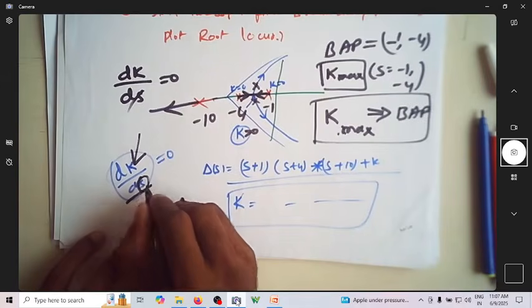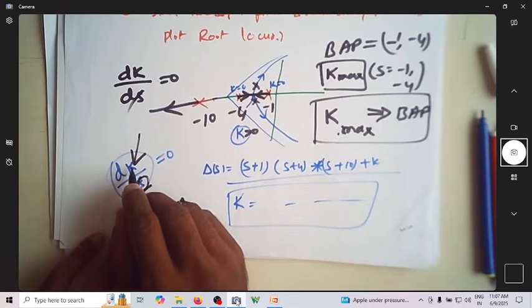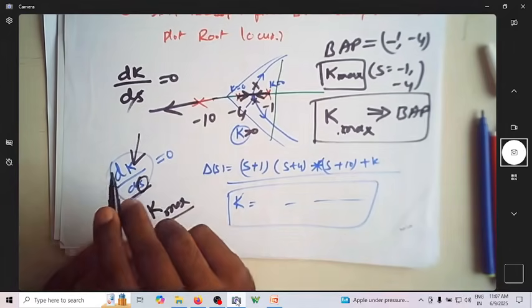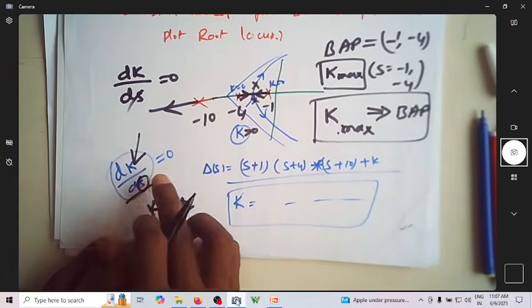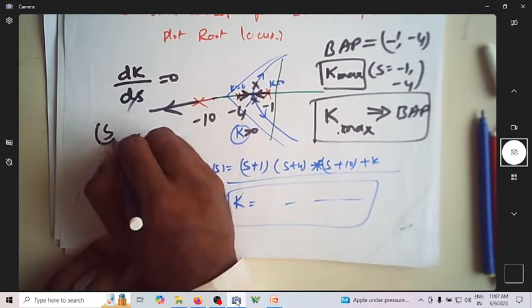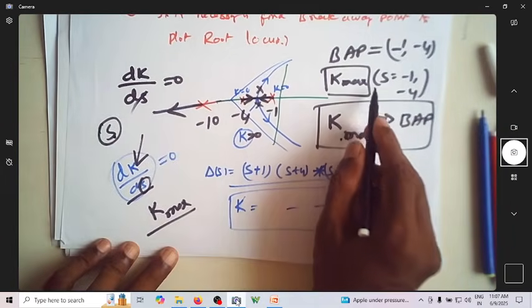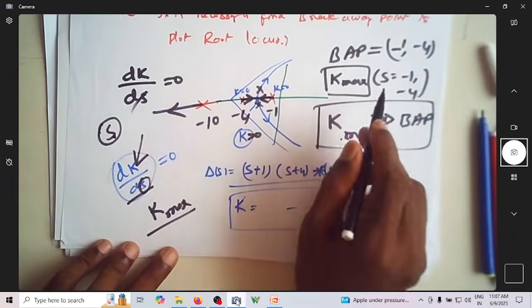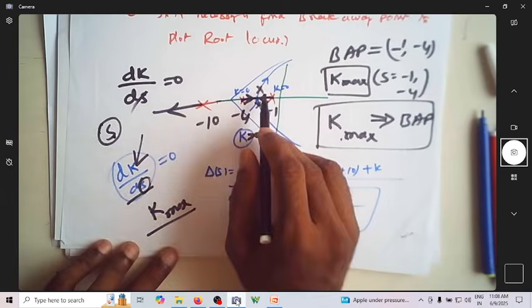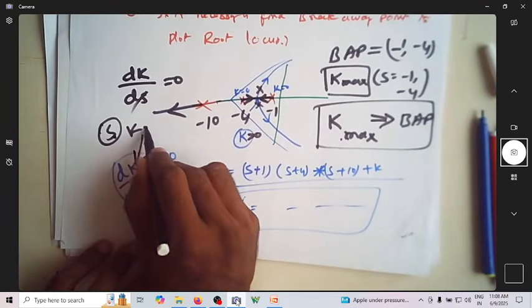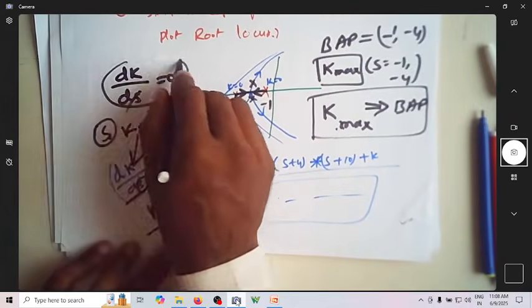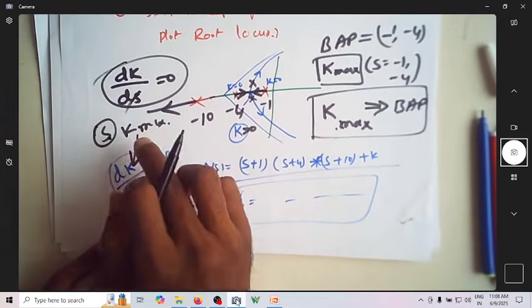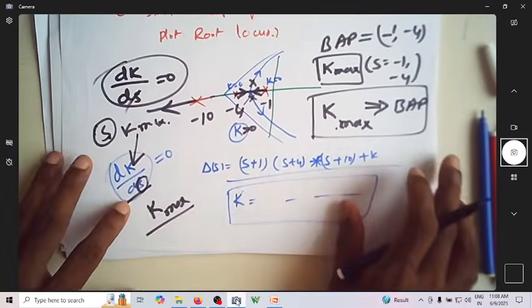That value of s corresponds to the value of k which is maximum. That's why, when you equate dK by dS equal to 0, you get that value of s for which roots are repeating, and that corresponds to k max. So that's why we do dK by dS equal to 0 to find the breakaway point.